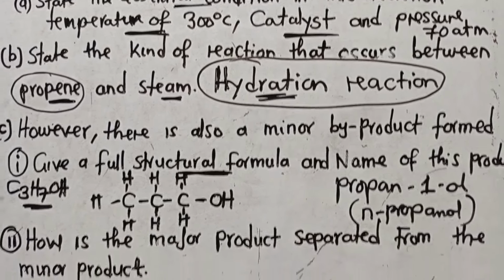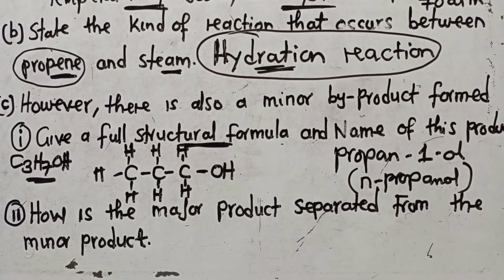We move now to the next question, which says, how is the major product separated from the minor product?